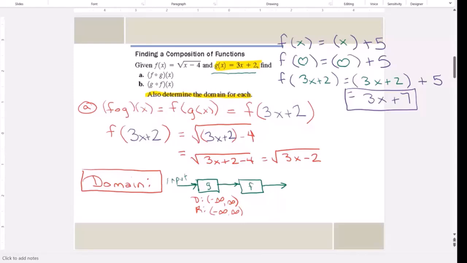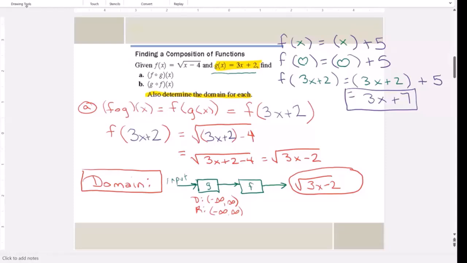I have to worry about my inner function, which is my g function. That first has to be good, because if I put something bad into there, it's never going to make it into my f function. But once it comes out of g, it now is a composition. So now I want to look at my domain for the square root of 3x minus 2, because that's the only thing that's coming out of this function, okay?